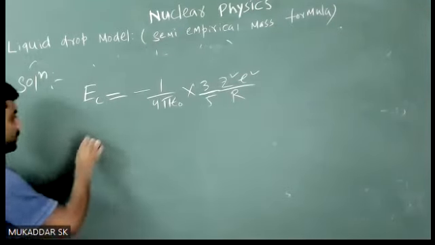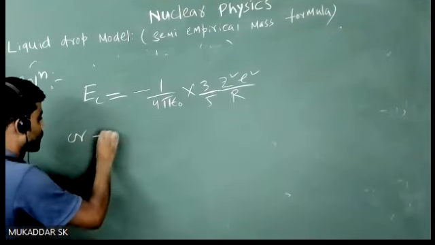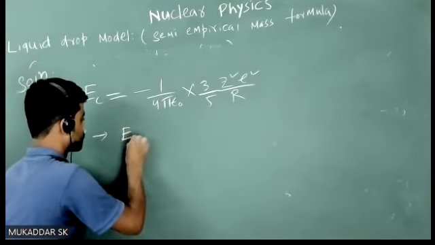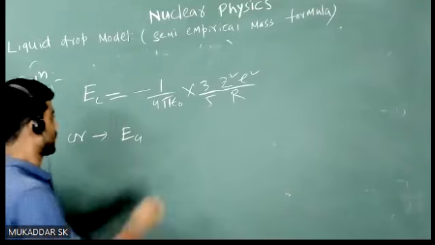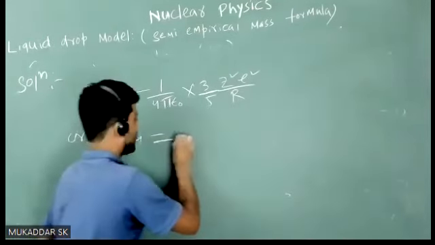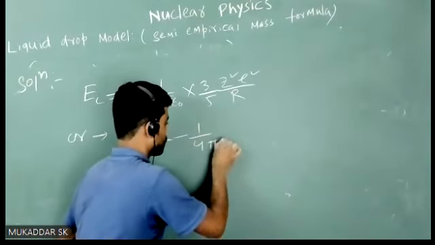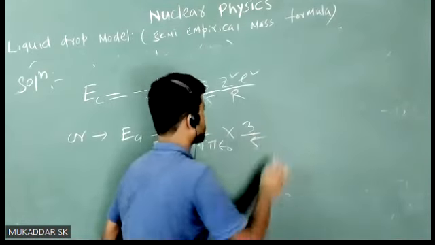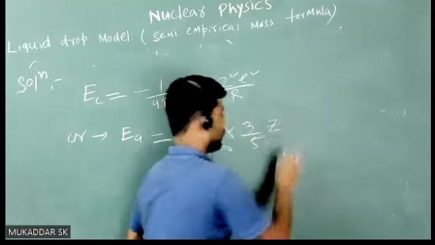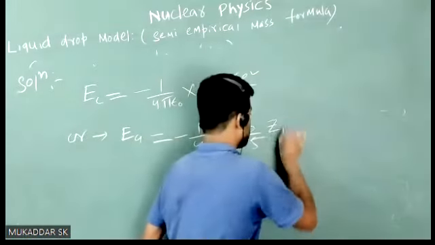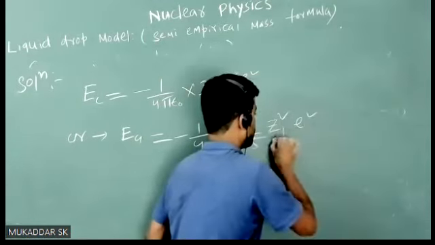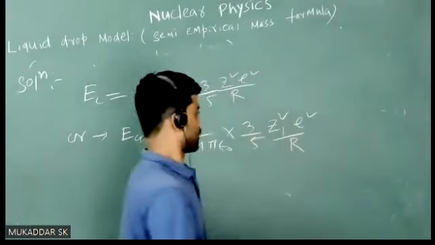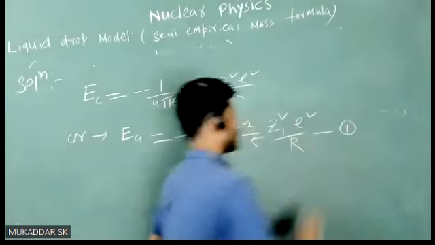Let us assume for chromium it is EC1, and that is basically minus 1 by 4 pi epsilon naught into 3 by 5. Let us take the atomic number as Z1, so Z1 square E square by R, and let us assume this is equation number 1.